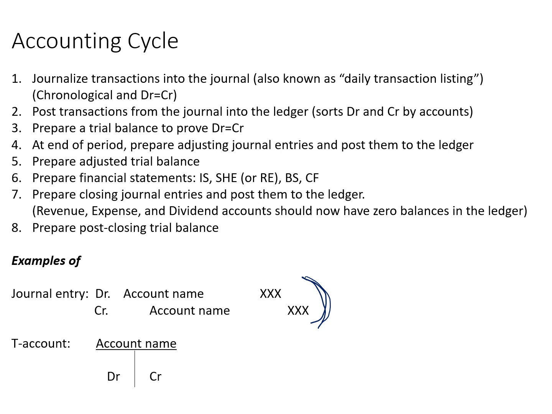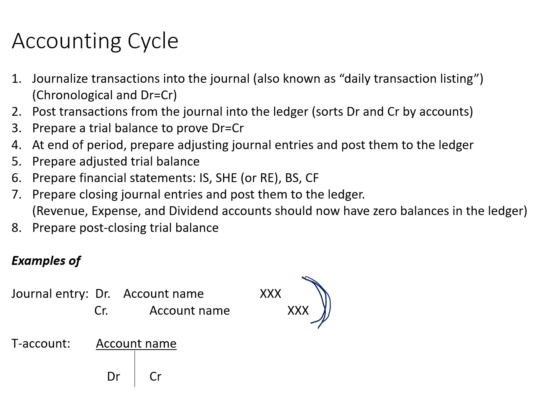So all the transactions that have a cash component go in the cash account. All the transactions that have an accounts payable component go into accounts payable. So you're basically copying from the journal into the ledger.